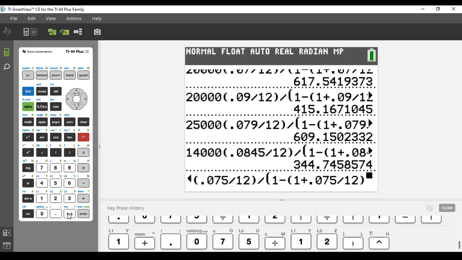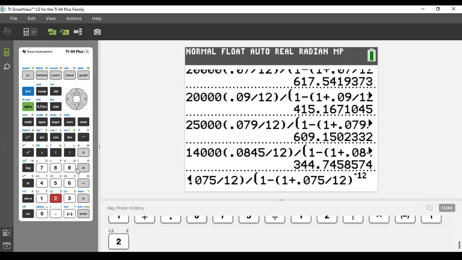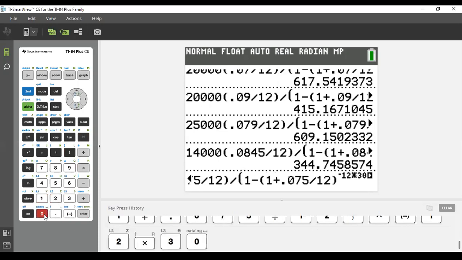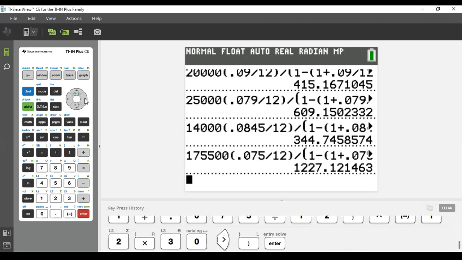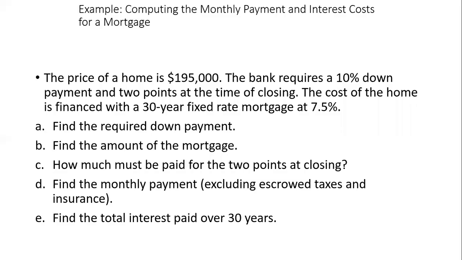That is raised to the negative N times T. Get out of the exponent and close my bracket. $1,227.12. We'll go ahead, round it to the nearest dollar, since that is what the MyMathLab is going to do. So the monthly payment, again, was $1,227.